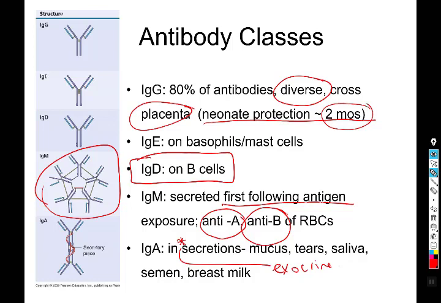So mucus, tears, saliva, semen, and breast milk, just to name a few. Again, I promised I would mention more about neonate protection. So the antibodies that cross the placenta impart protection and immunity to the neonate, so newborn, for about 2 months. And IgAs can also make it into the neonate via breast milk. So this is an additional step that can help impart protection to new people who have not had a chance to form their immune systems yet.